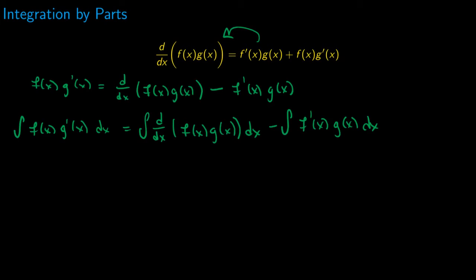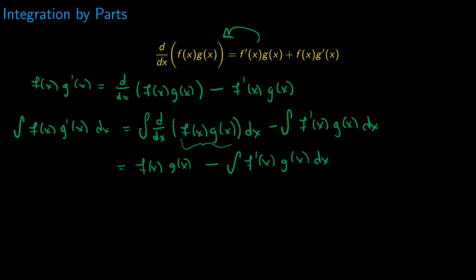Then by the fundamental theorem of calculus, the integral of the derivative is just going to give the argument inside, so we'll be left with f of x times g of x minus, this piece is going to stay the same, so I'll have the integral of f prime of x times g of x dx.